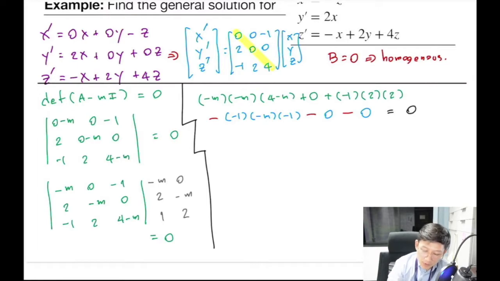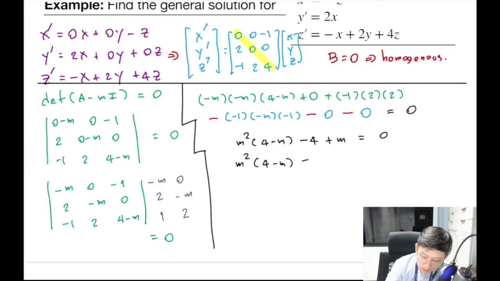So here we have m squared times 4 minus m, minus 4. Here it's plus m equals 0, right? And then here we have m squared times 4 minus m. Here I pull minus 1 out, so I get 4 minus m equals 0.